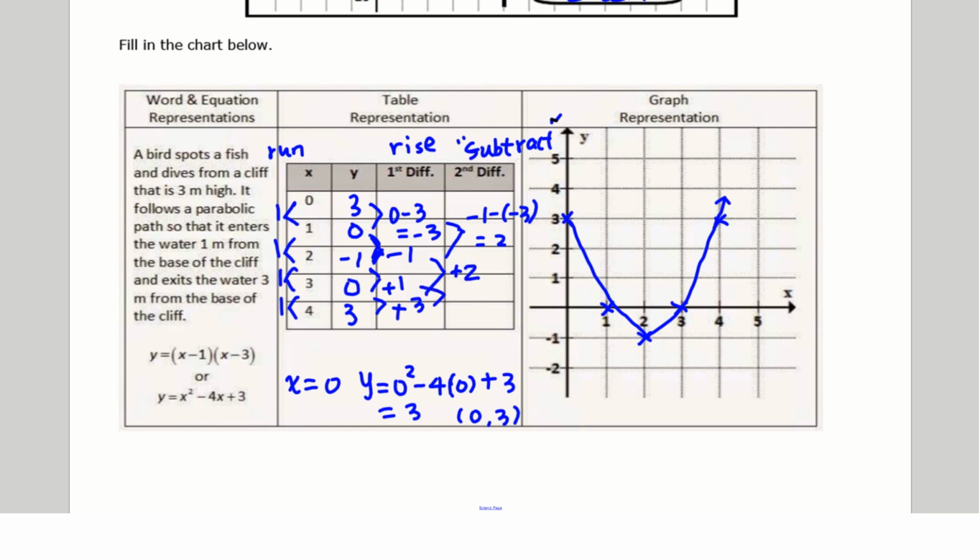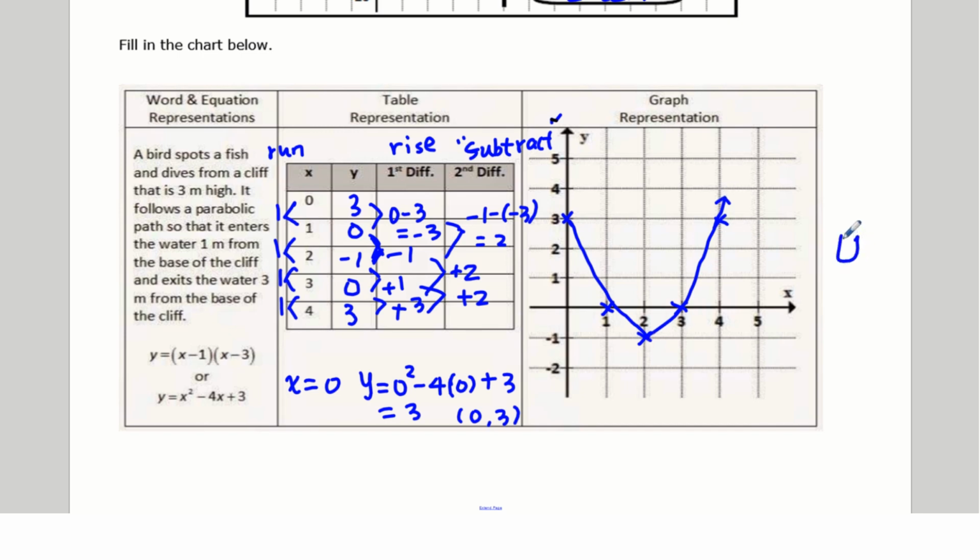And from +1 to +3 gives you +2. So you will see that the second differences are the same, and that is an important property of a quadratic function. If the second difference is the same, then this set of data is a quadratic function. Okay, so the graph is a U shape.